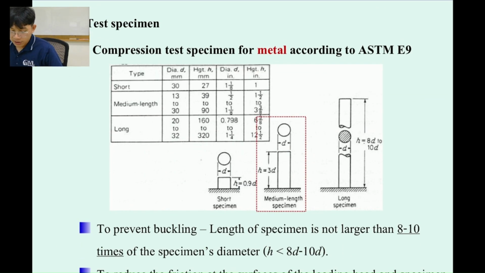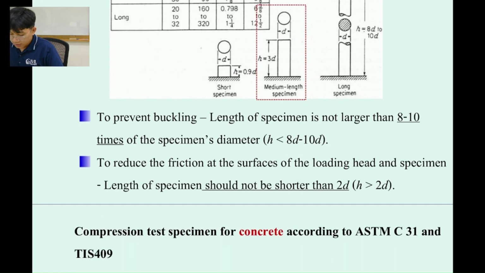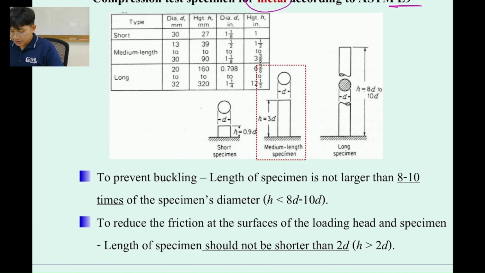All right, for the compressive strength of the steel, you can see that from ASTM E9. This may be asked in the examination, so I may ask you, to prevent buckling, what is the height of the steel material that we need to have?